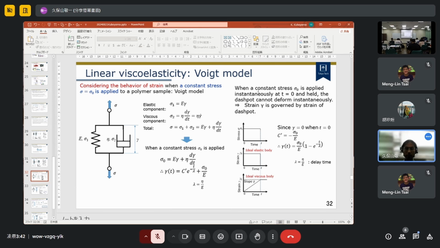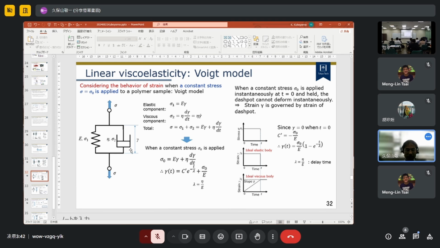When you apply the constant stress instantaneously at time 0, if you think about the behavior of the spring part, this one can deform instantaneously and strain becomes constant.